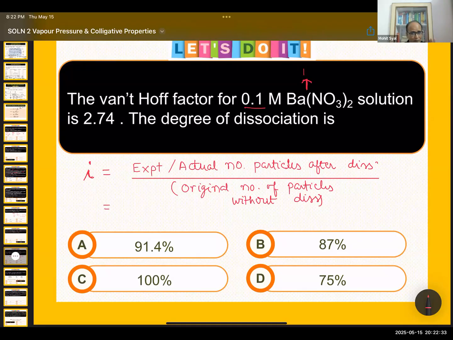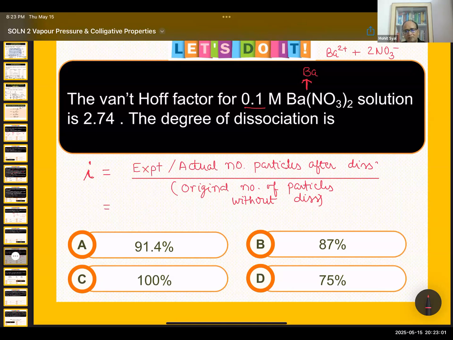I'm asking that question at this place so that you can compare. Assuming 100% dissociation, this barium nitrate will split into Ba2+ and 2 nitrate ions. So I will be equal to 3. That is the maximum value.